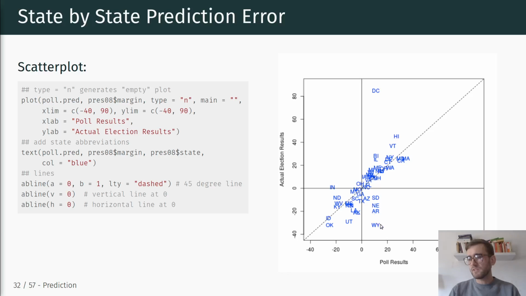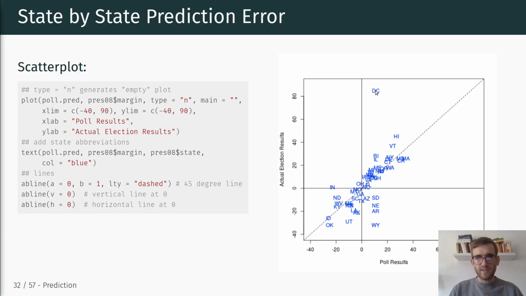So remember, for all the states for which we didn't have actual polling data included in our data set, we just used the average poll results as a proxy, right? And so the average margin for Obama right now is around 10 percentage points here. And so for all these states which are on this line, those are the states where we didn't have state-specific polls.